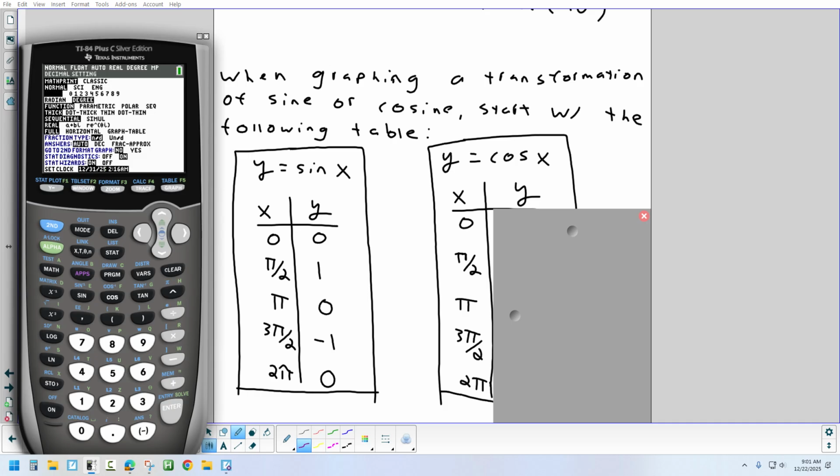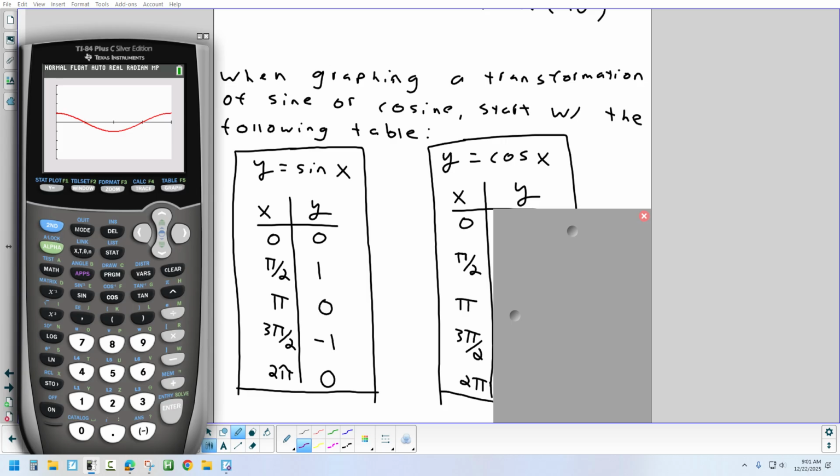So what I'm doing is setting up the screen to show you exactly one cycle of cosine. That's one cycle. It's the first cycle that you see to the right of the y-axis.